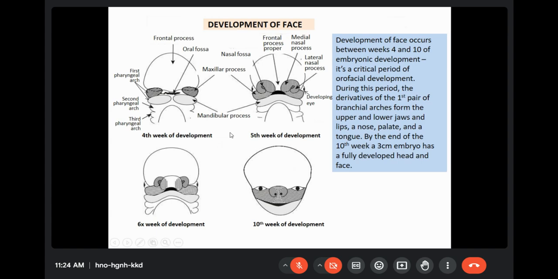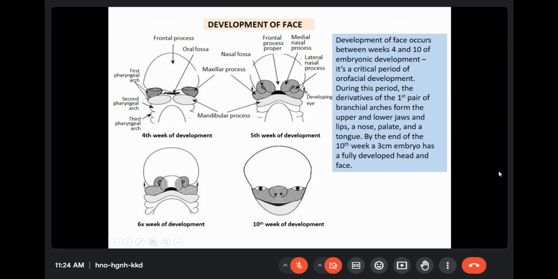As I said previously, only the first pair of pharyngeal arches makes all the structures of the face. At first it splits into the mandibular and maxillary processes, and then they give rise to the structures of the face.